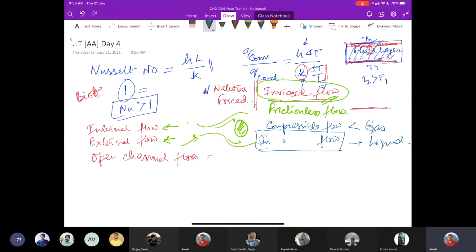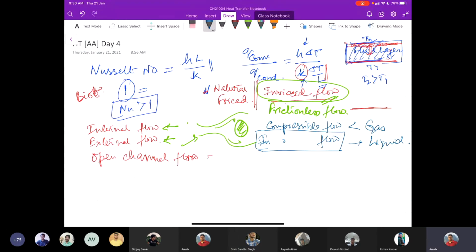Steady and unsteady flow. If it does not change with respect to time, then it is steady. What doesn't change with time? It may be any property. For flow, it would be like the velocity of the fluid. Yes, steady flow.